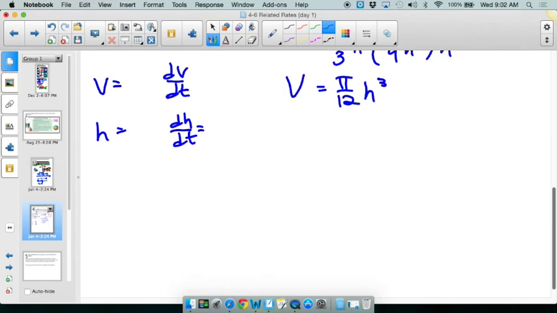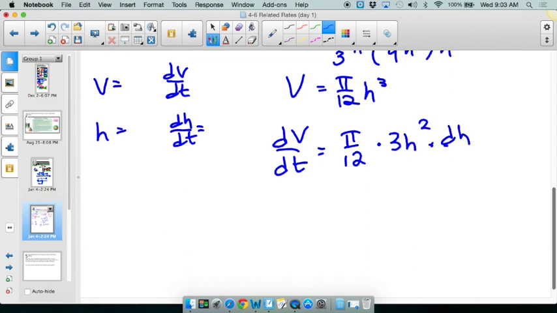So what's the derivative of V? dV/dt. I know, it's deceptively simple. Pi over 12 is a constant. Now what's the derivative of h cubed? 3h squared dh/dt. Exactly. Always looking for that rate, because it's a rate of change with respect to time.